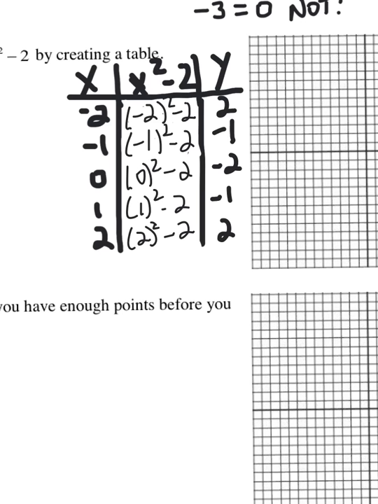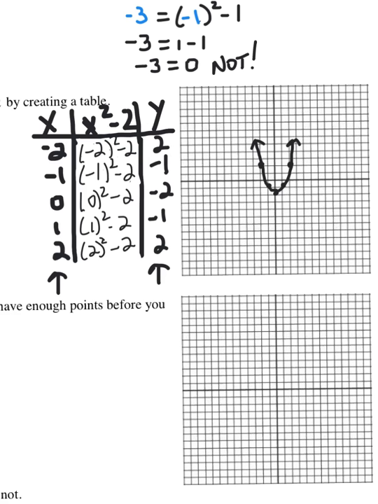All right, now that I have my table completed, I can go ahead and graph my points. So the points I'm going to be graphing are this value for x and this value for y. All right, so I've graphed these points. Negative 2, 2, negative 1, 0, negative 2, 1, negative 1, and 2, 2.